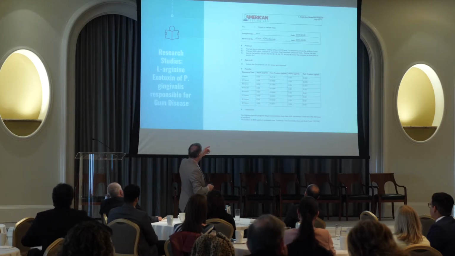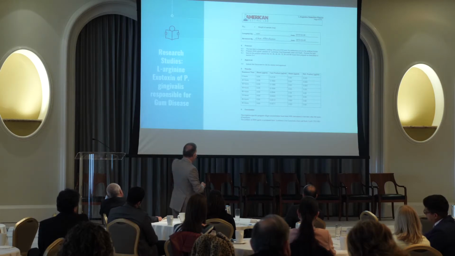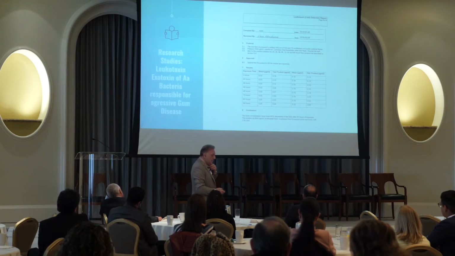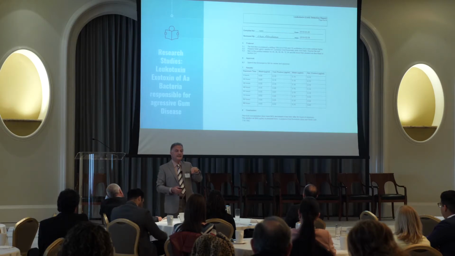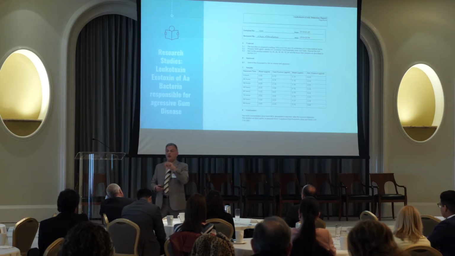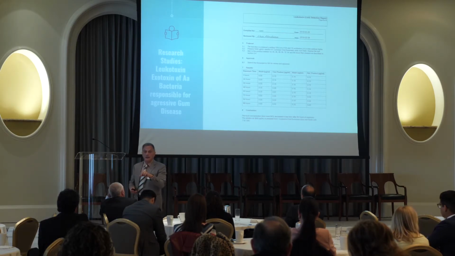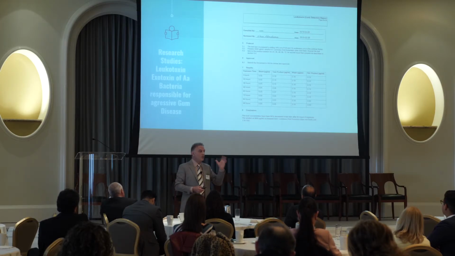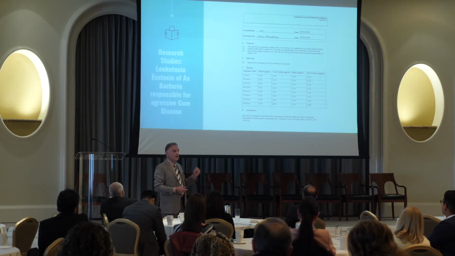So that was the first one we actually showed, with P. gingivalis. Then we went after the leukotoxin, the toxin of the AA bacteria, which are the same type of bacteria that infected the homeless kids in Manila. And we showed also that we neutralize about 84% of that toxin over a period of 6 months again.